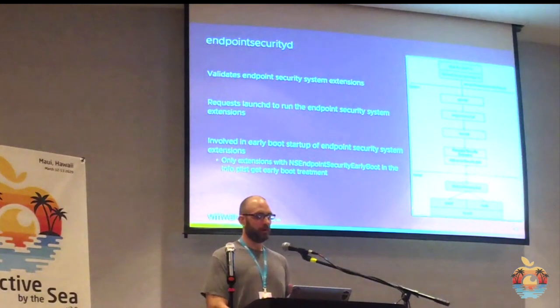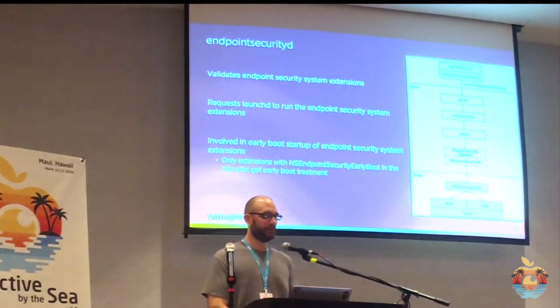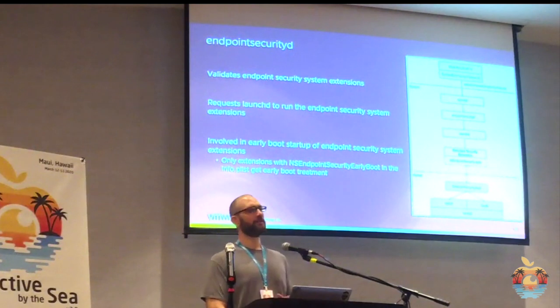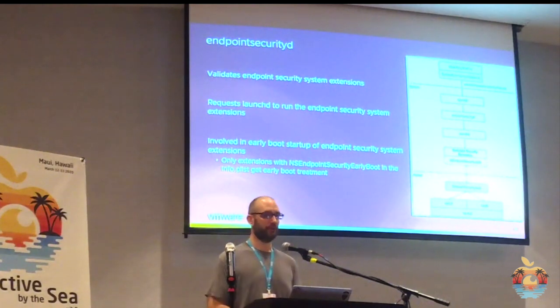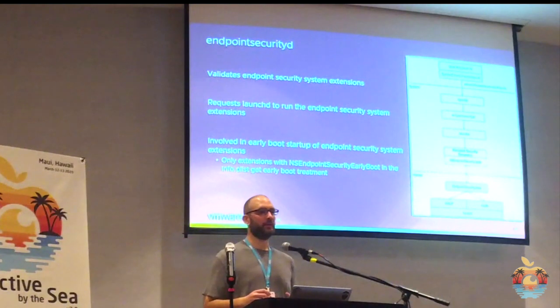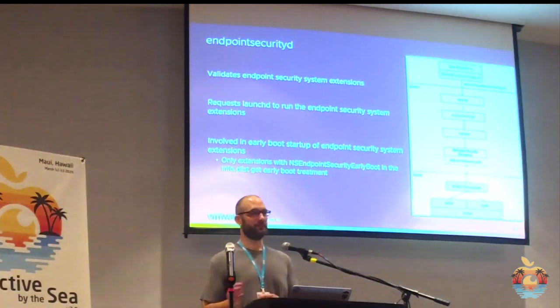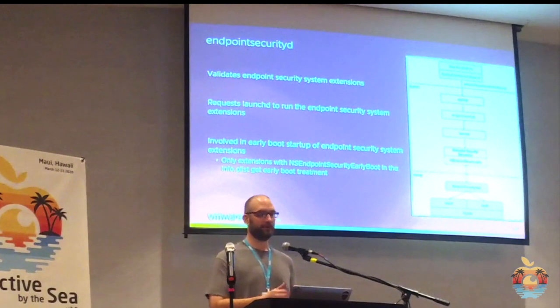If we go up one more level, then we'll get to EndpointSecurity. And again, I mentioned this was what I originally thought was going to be doing most of the communication with the kernel driver, which was not the case. I originally was anticipating that your system extension would talk to this daemon and this daemon would talk to the kernel.